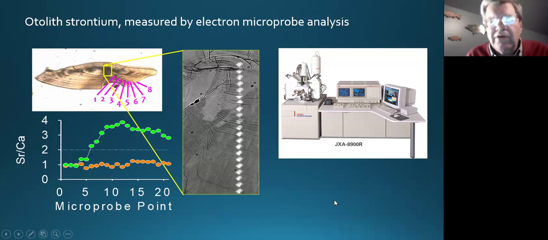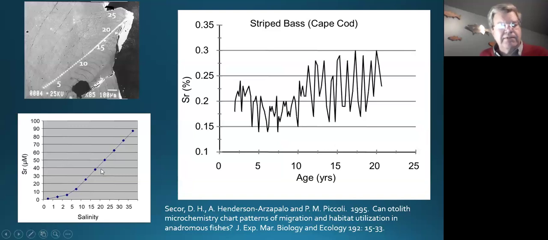But why would we be looking at strontium? Well, it turns out that strontium relates to salinity in this way in many systems. It's proportional to salinity. It represents salinity. It dilutes, just like salinity does, between marine water and freshwater. And so we can use strontium as an indicator of salinity.